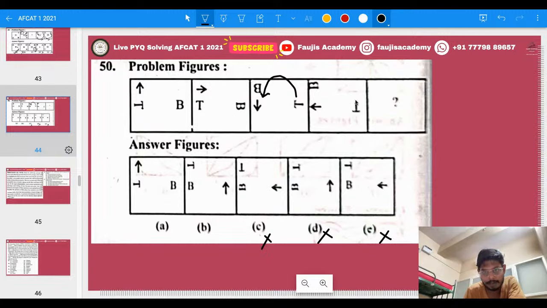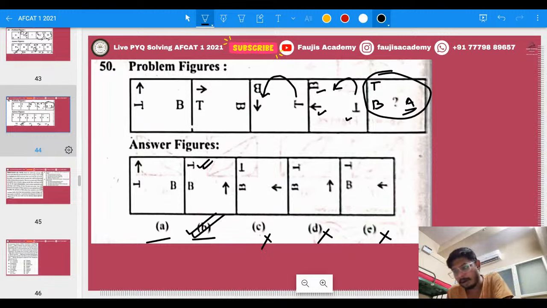So that means now it is again B, arrow and T. So now will it move? The T will come over here, B will come over here, and the arrow will come over here, right? This is how it will become. So we had only these two options remaining. T in the top right corner is B, and that is why we'll go ahead with B as your answer for 50, guys.